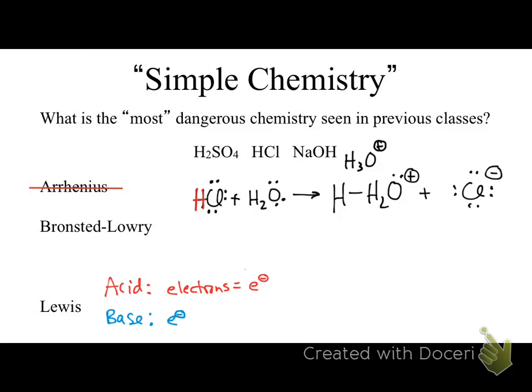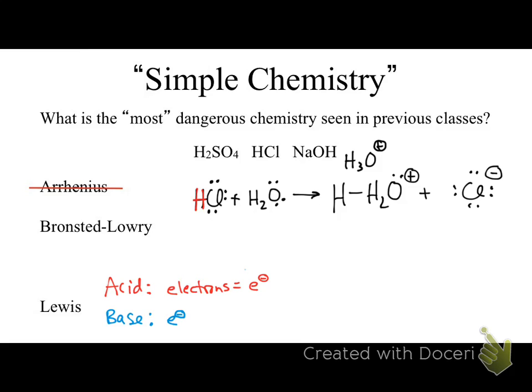A negative. Okay? Well, chlorine already has a bunch of electrons. Are those stabilizing that positive hydrogen? If they were, would we have HCl as a strong acid? No. So the electrons on that chlorine are useless, which means I'm going to have to find electrons somewhere else to stabilize that positive.